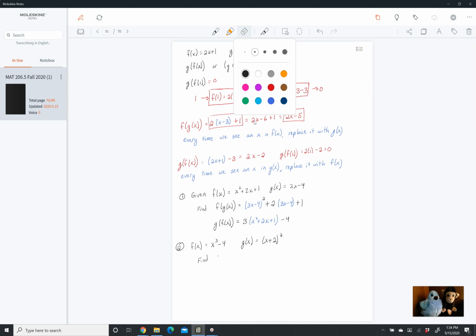Remember, you've done this before, actually. You did this when we did difference quotients, right? Your g of x was just x plus h. So here, we're looking at the f. We see an x cubed, so instead of x, we have an x plus 2 squared.